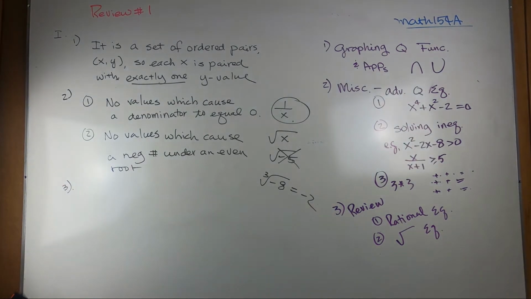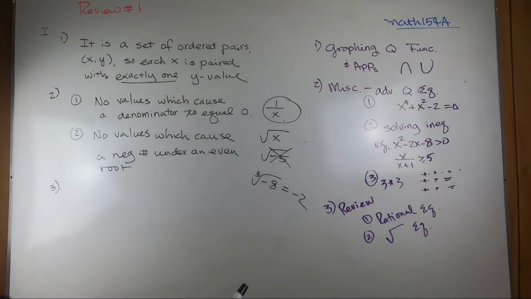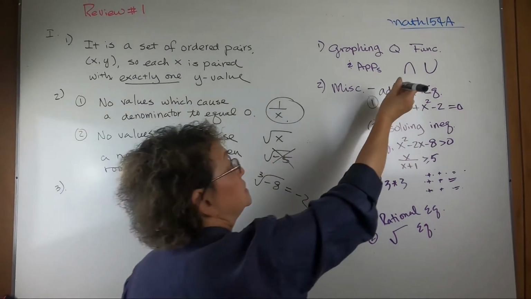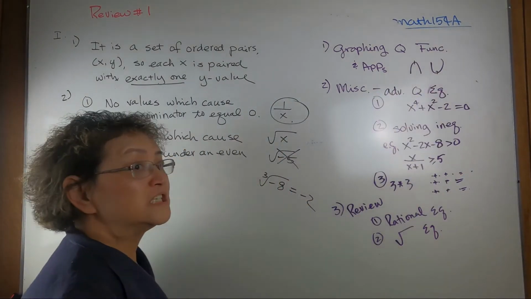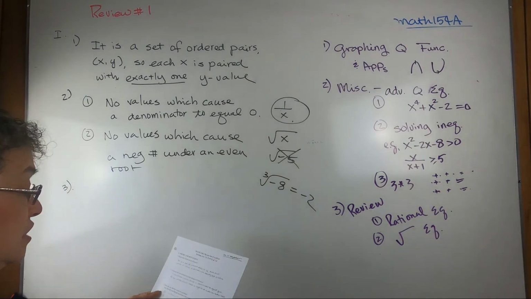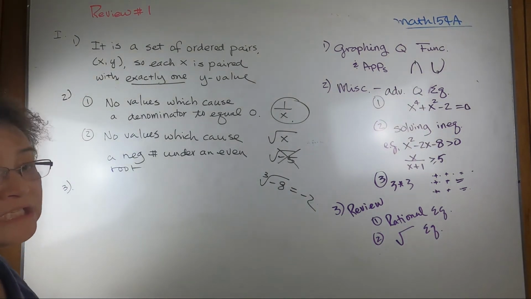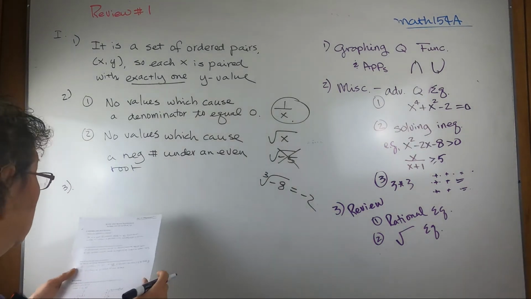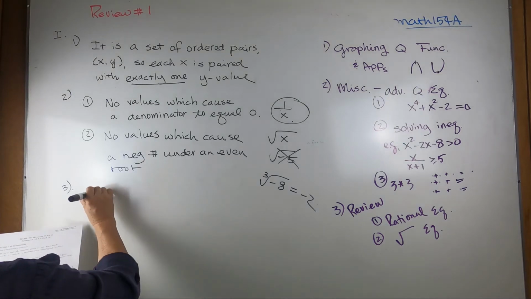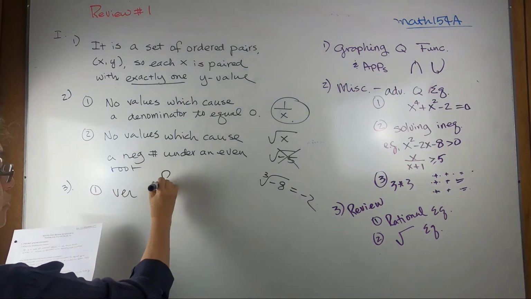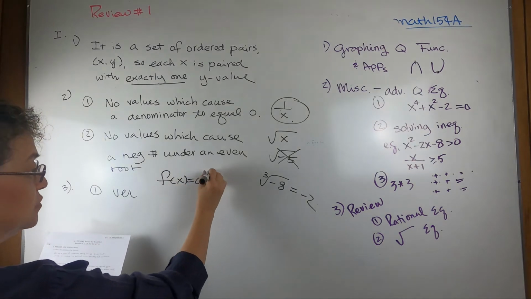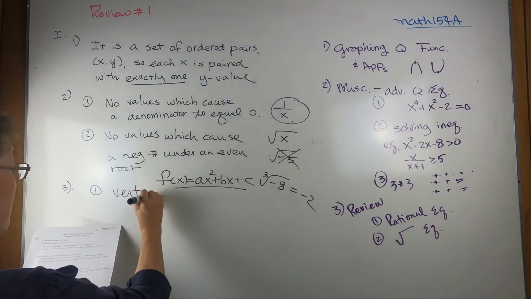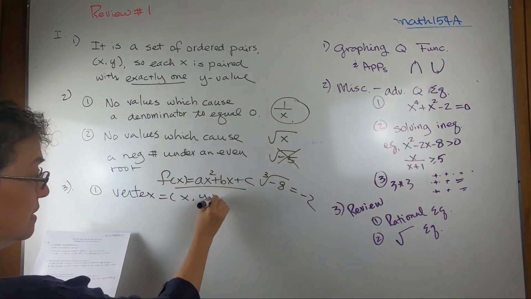Okay? Also, when we learned graphing the parabolas, you have to find the middle one first, the vertex. So how do we find the vertex? For your function in standard form, the vertex would be your x and y.